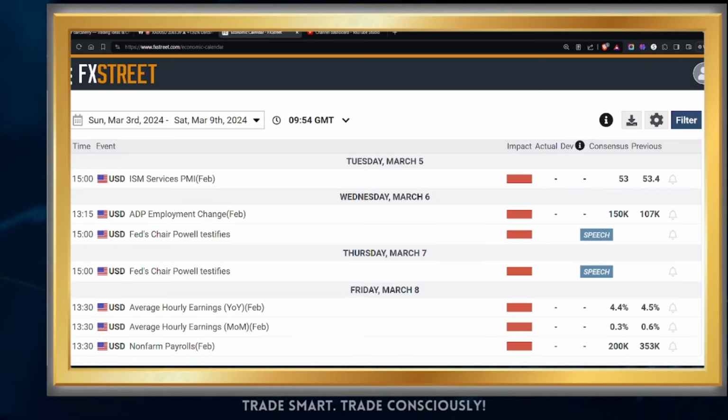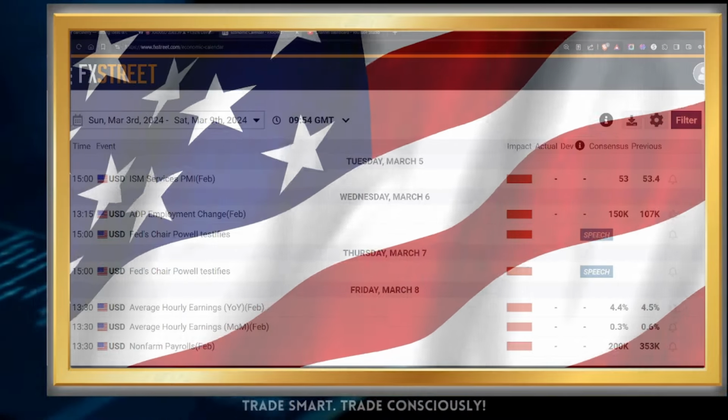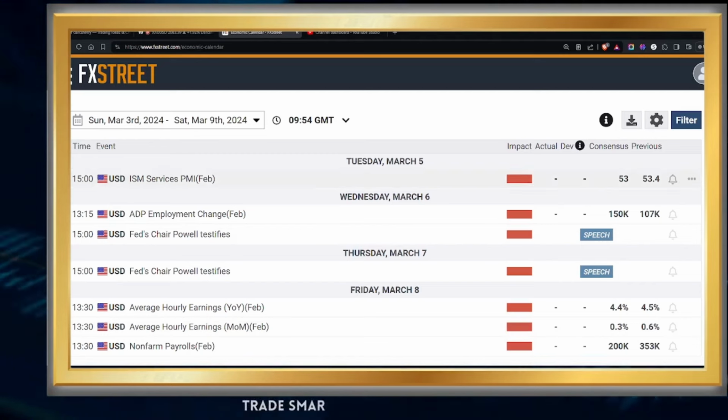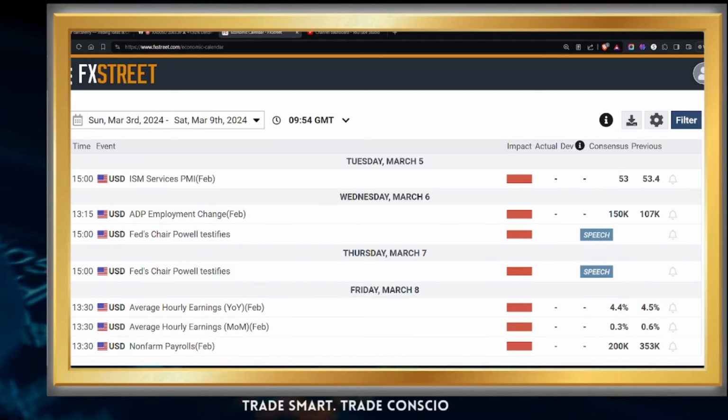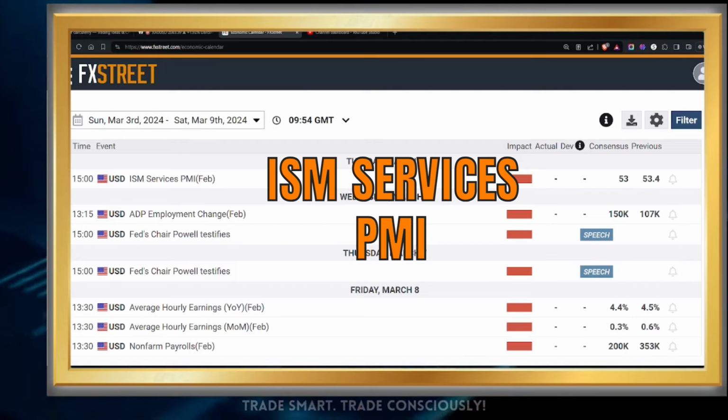Now, based on this asset we are looking at for this week, we will be focusing on economic features from the United States economic docket. Now, looking at this economic calendar here, the first high impactful event is coming in on Tuesday, that is March 5th, and this is the ISM Services PMI.